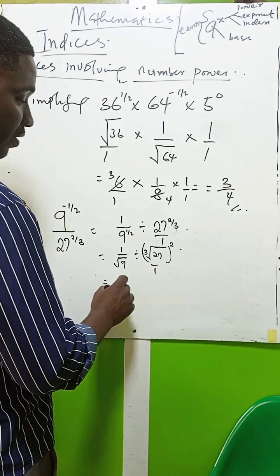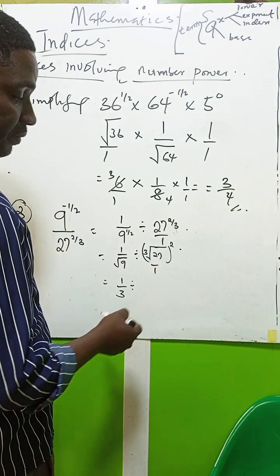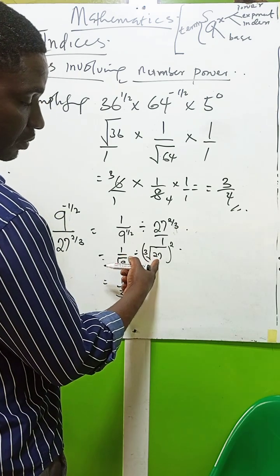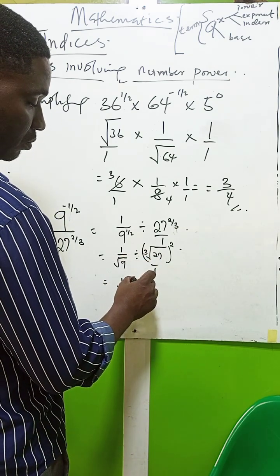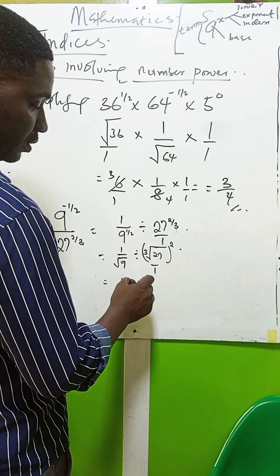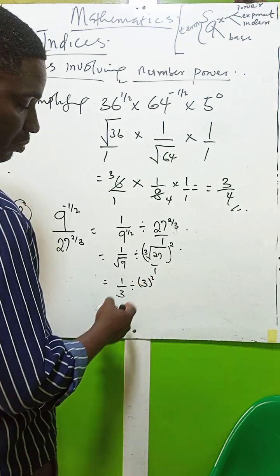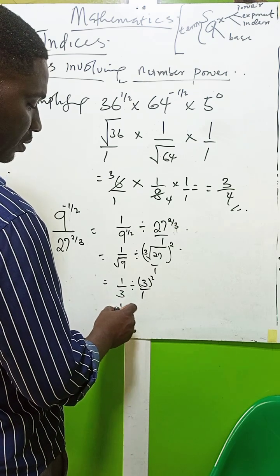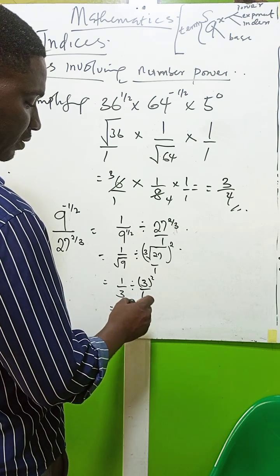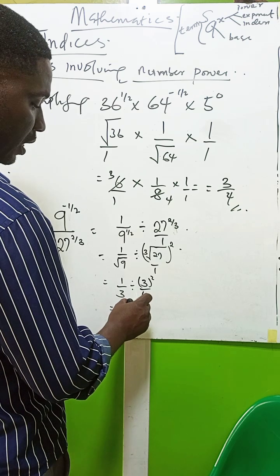This is 1 over 3 divided by the cube root of 27, which is 3. The power 2 becomes 9. So this is 1 over 3 divided by 9 over 1.